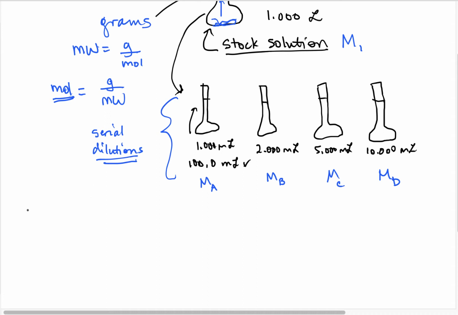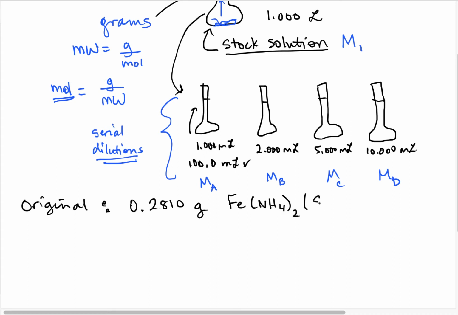And in this class, our original solution would be made by taking 0.2810 grams of an iron-containing compound. And this iron-containing compound is Fe(NH4)2(SO4)2 dot 6H2O.